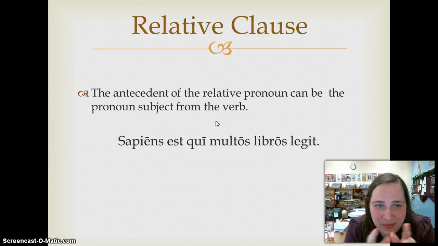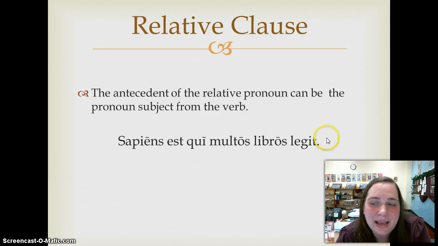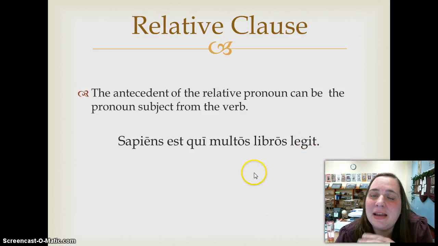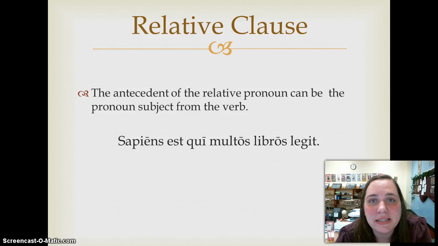One last thing. Sometimes the antecedent to a relative pronoun can be the pronoun subject in a verb, right? It can be the he, she, or it that you get from a verb. Again, keep following the same steps that we just identified.